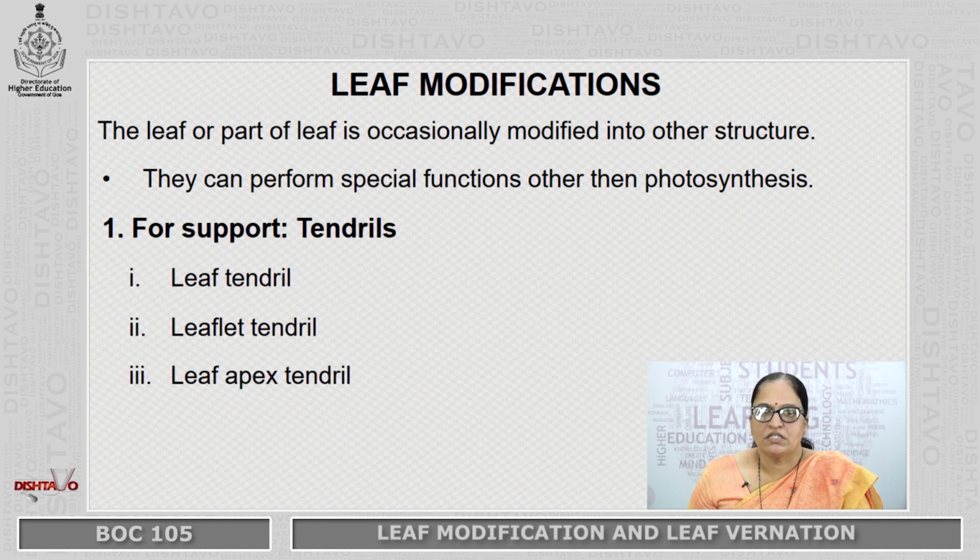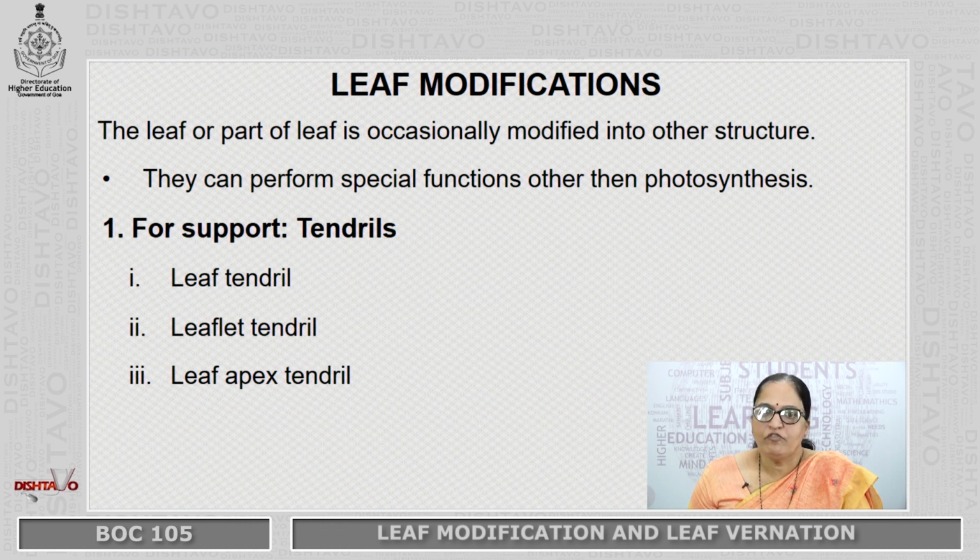Leaf modifications. As all of you by now are aware, the principal function of the leaf is photosynthesis. When this function deviates from photosynthesis, then the leaf is said to be modified, and we are going to study the leaf modifications.